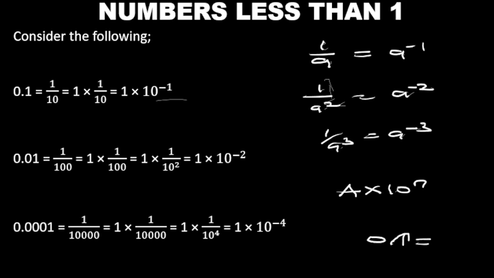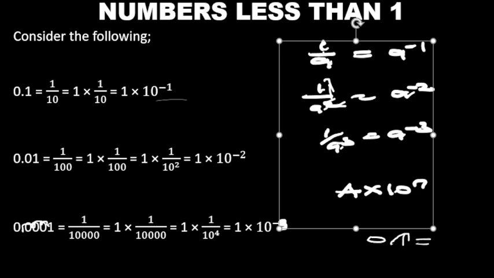0.0001 expressed in standard form will be what? When you shift the point to the right to get a number between 1 and 10, how many times are you going to shift the point to the right? 1, 2, 3. 3 times. Sorry, that was a mistake.